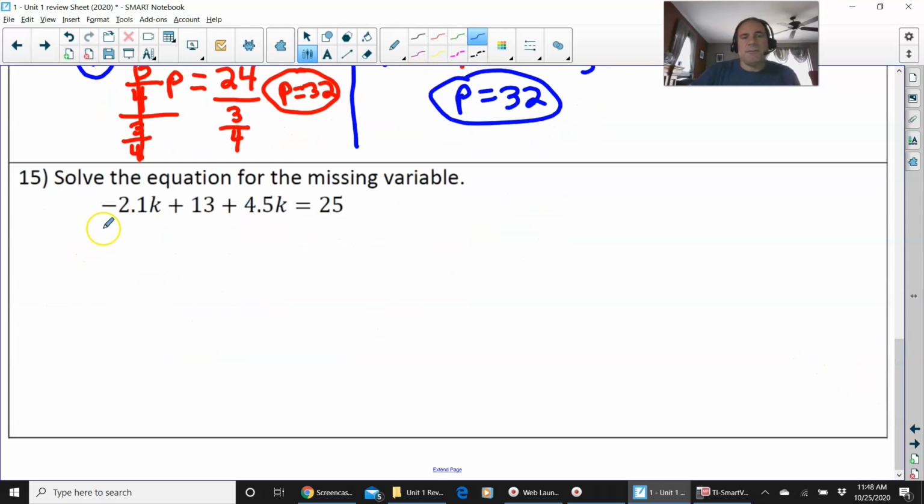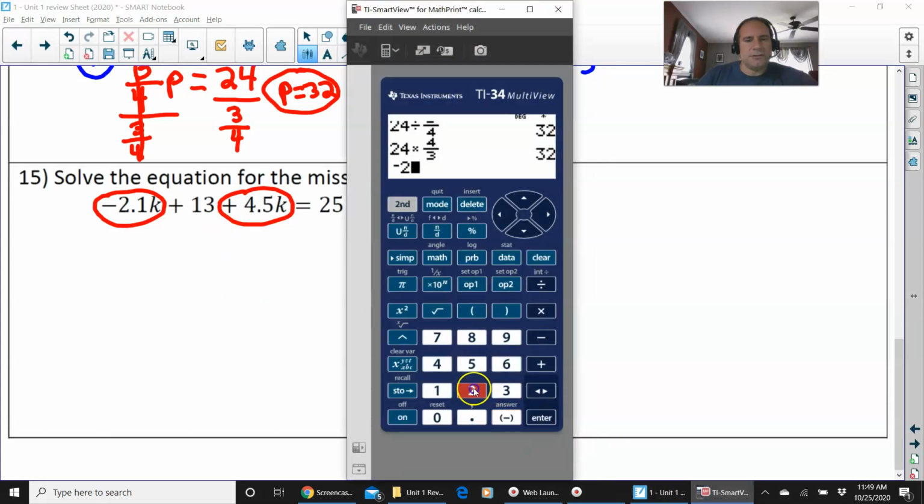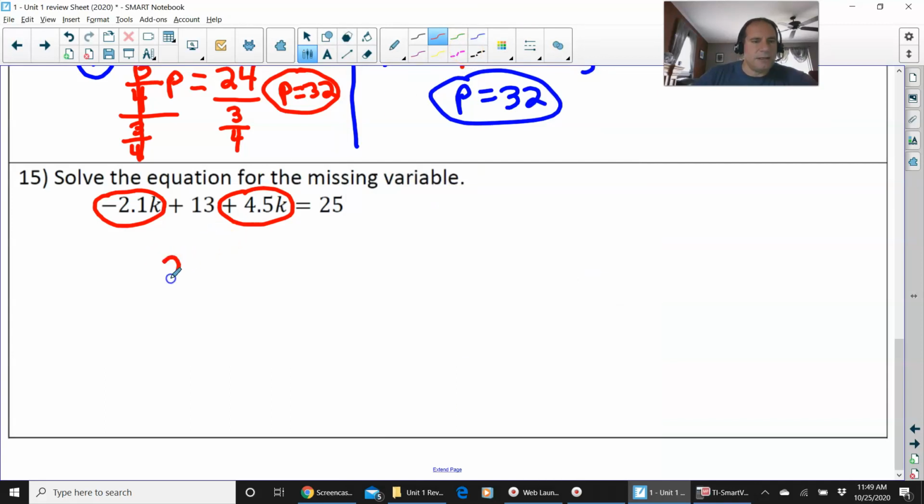All right, number 15, you're going to combine like terms. I see a k here, negative 2.1k, and I see a k here. So I have negative 2.1 plus 4.5. That is 2.4, and I'm going to bring that down again, and that is a positive 2.4k plus 13 equals 25.